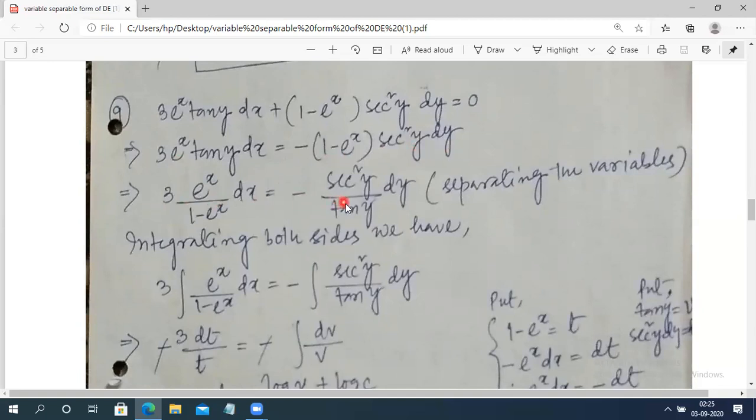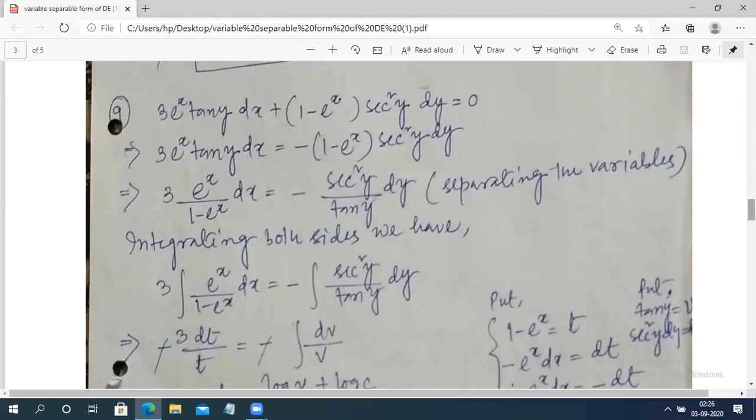It is very easy, these variables can be easily separated, and after separating the variables, we will integrate these two expressions, and when we integrate e to the power x by 1 minus e to the power x, we will get log of 1 minus e to the power x. How?